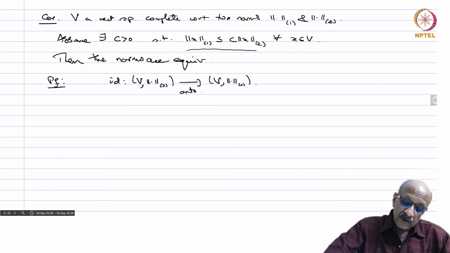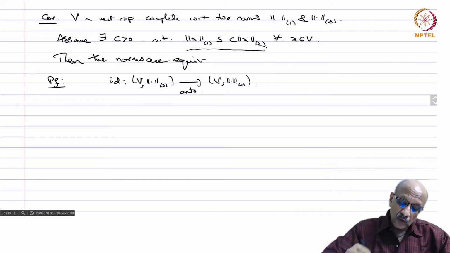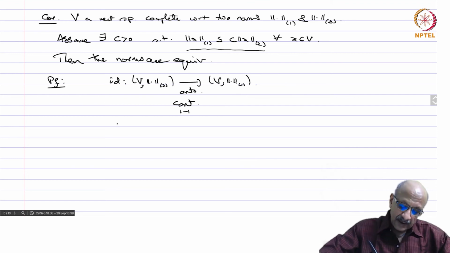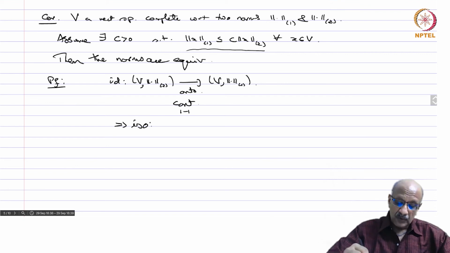This condition tells you that norm x1 is less than or equal to C times norm x2, so this is continuous. And it is also a one-to-one map, being the identity. This implies it is an isomorphism. So identity is an isomorphism, therefore the norms are equivalent.